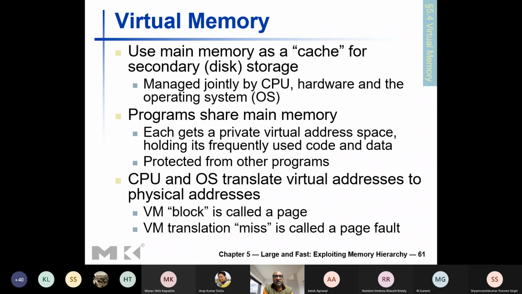But main memory is not large enough to hold multiple programs. All the programs cannot be kept in main memory because of its limited size. Main memory may be in the range of a few gigabytes, like 4 gigabytes or 8 gigabytes.